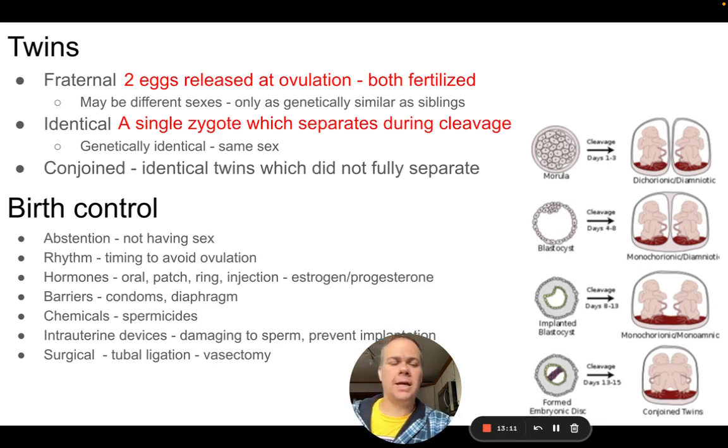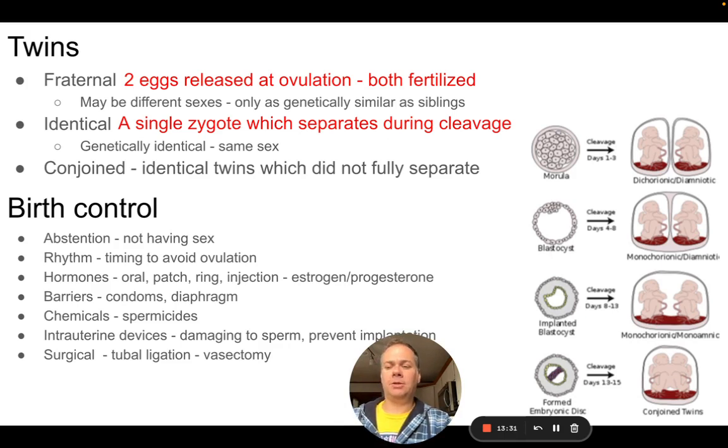They're always the same sex. They will look identical to each other because they have all the same chromosomes as the other identical twin. Every once in a while, this happens very late in the embryonic development.